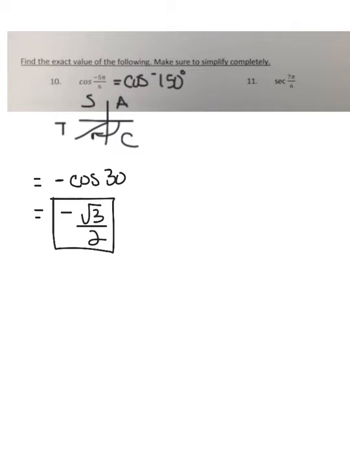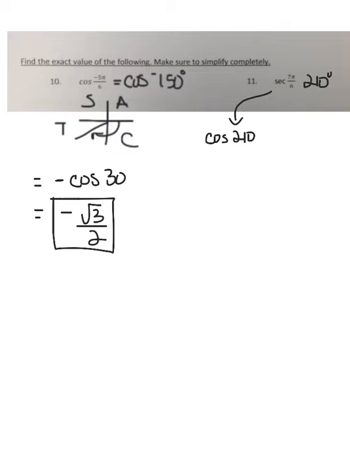All right, 11. So 7 pi over 6 is going to be 210 degrees, which puts me in the third quadrant, right? I'm going to start by backing up a second, and I know secant goes with cosine, so let me find the cosine of 210, and then all I have to do is flip that.